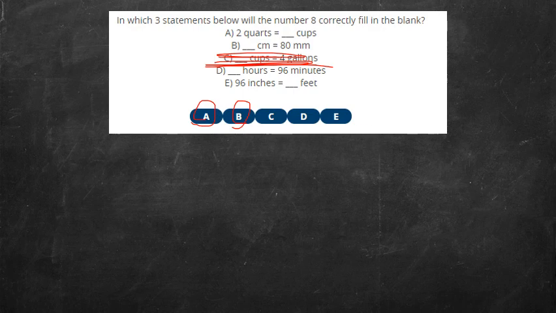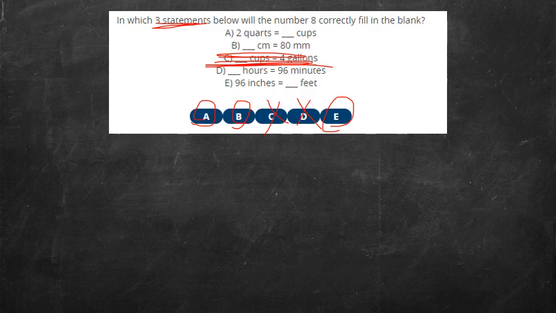Okay, last one. And obviously we have to pick 3 answers. So we really don't have to figure out the last one because the question says which 3 statements will the number 8 correctly fill in the blank, and obviously E will be a correct answer because we had to select 3. But just for the sake of doing it, let's look at it. 96 inches equals blank feet.